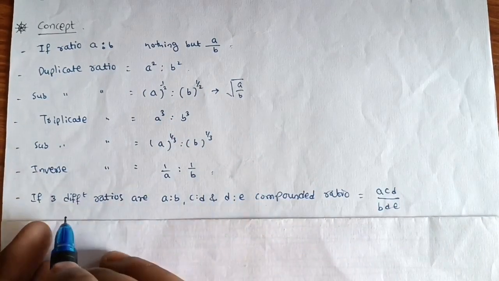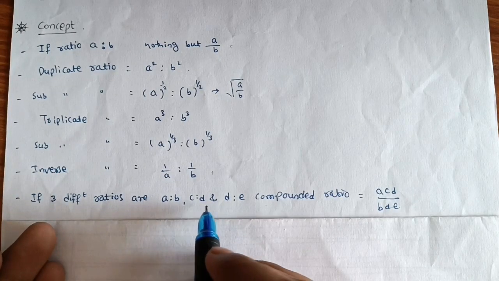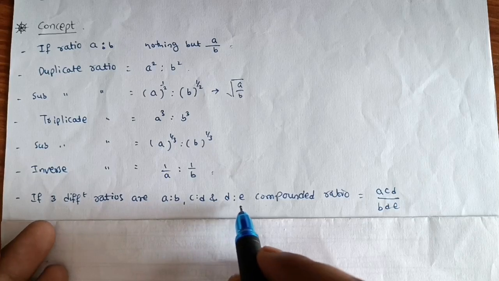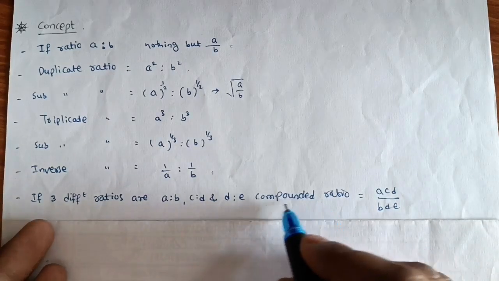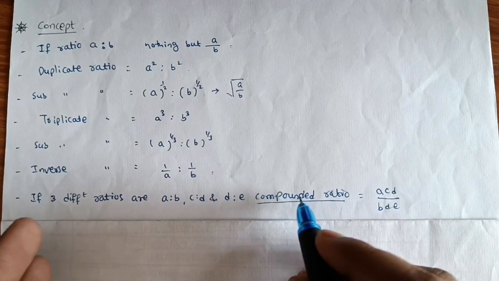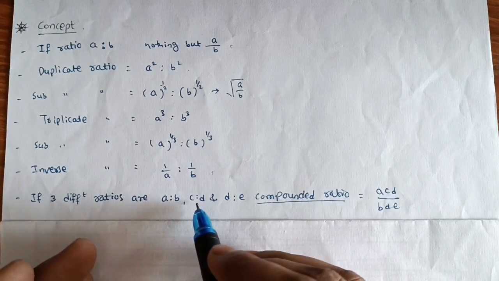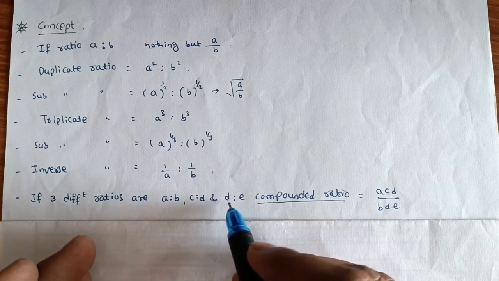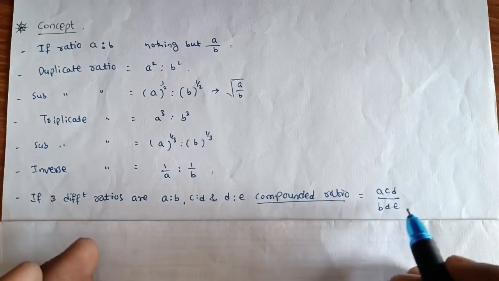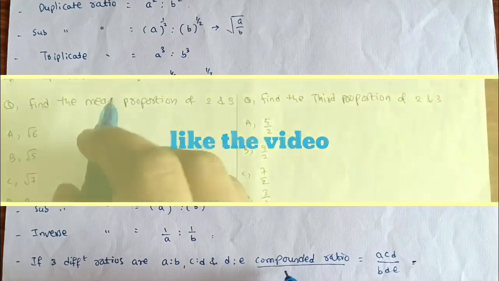Now suppose three different ratios are given: A is to B, C is to D and D is to E. Then the compound ratio is the multiplication of the LHS terms by the multiplication of the RHS terms, like A into C into D by B into D into E. So this is the meaning of compound ratio.